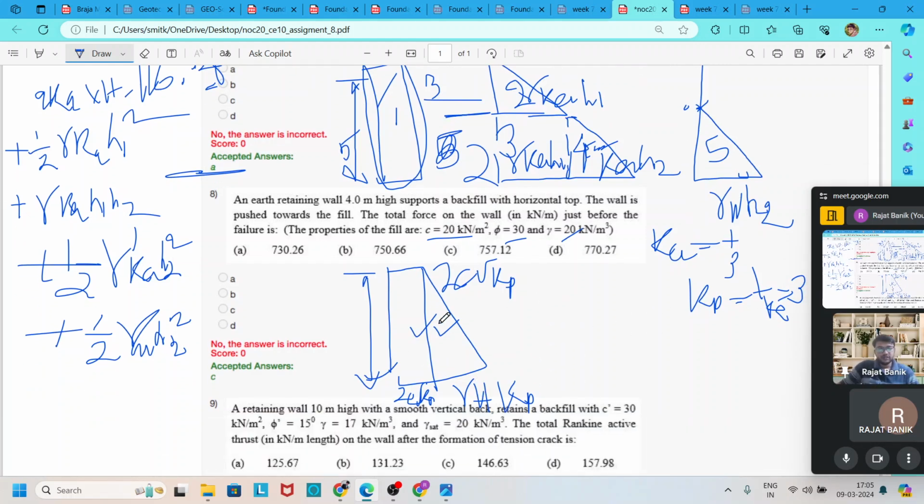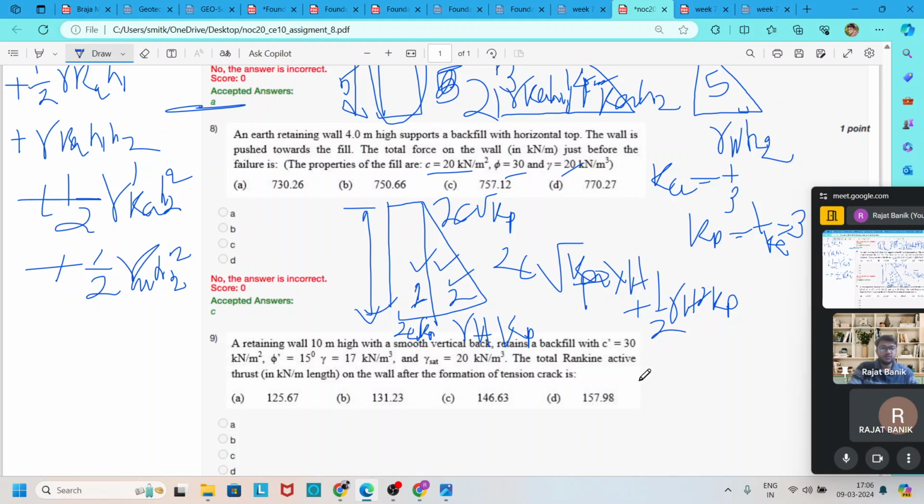For this diagram, the first area is 2c root over kp into h, the height of the wall. Also there is no presence of water table, so it is okay. For the second area, it becomes half gamma h square into kp.